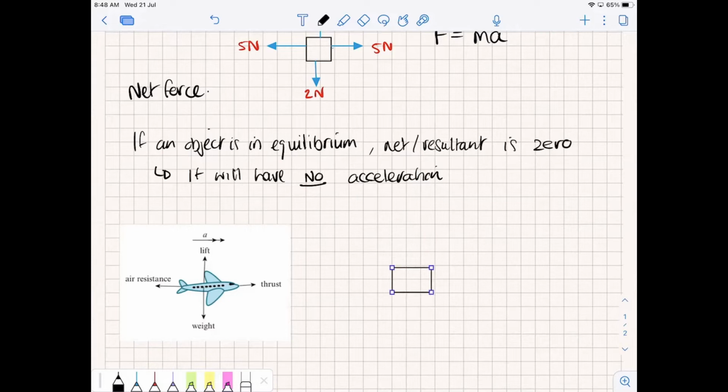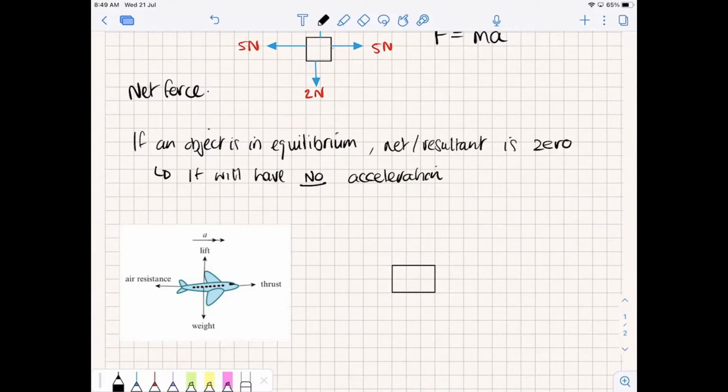Usually, the convention is to draw some kind of a block to represent the object that you are talking about. And in the case of an aeroplane, we're going to express the forces that act upon it as arrows. The arrows are always pointing away from the object, in the direction that the force is being applied.